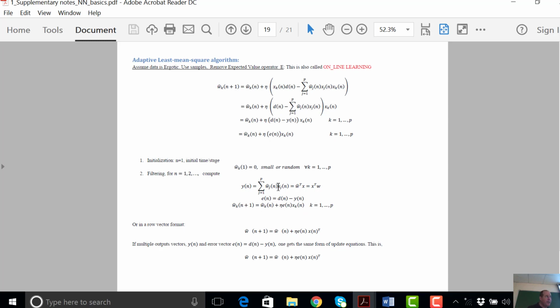You could do it per incoming sample, or you could do it over some samples, which is referred to as a mini batch. In the online case, you take one sample at a time and update the weights at every sample. In the mini batch case, you compute and take the average over a group.